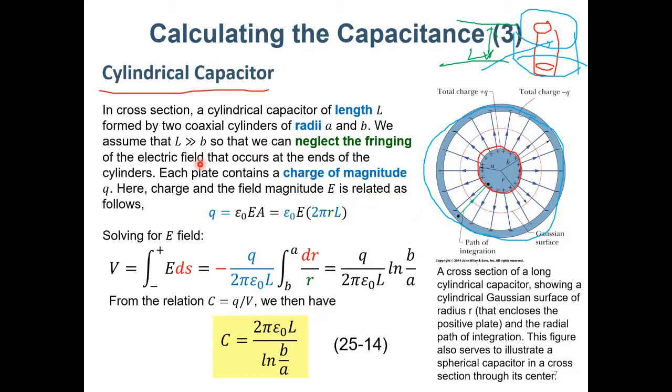It's assumed that L is much larger than B, so for different heights, all the E fields are the same, contributed by the same part. It's difficult to draw, but we make this assumption for this case.